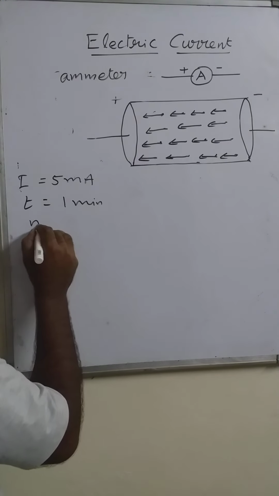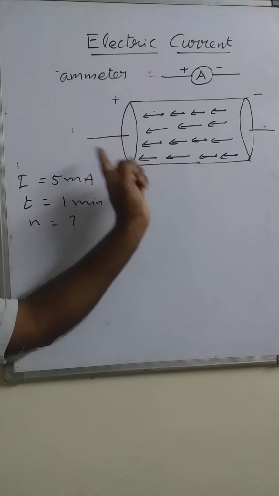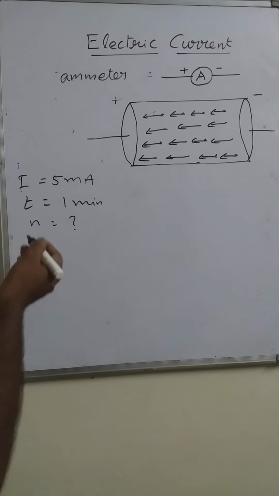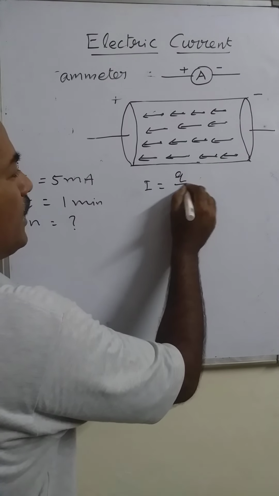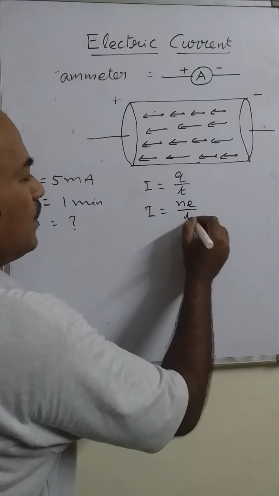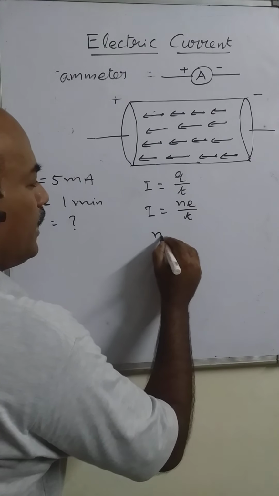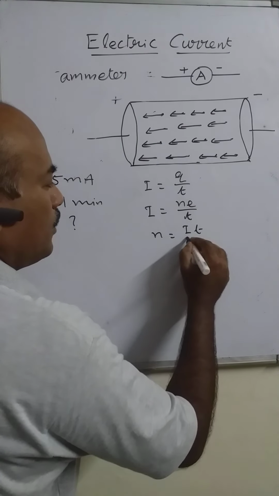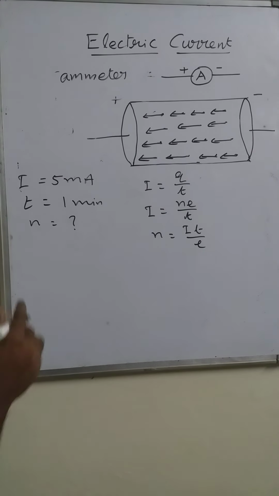Then we can calculate what is the number of electrons that flow through this conductor or cross this area of cross section. For this we can use the formula I equal to Q upon T, and I equal to N E upon T. From this we are supposed to calculate N. So N equal to I into T upon E. E is a constant value and it must be known.